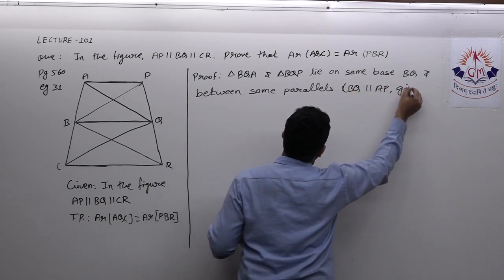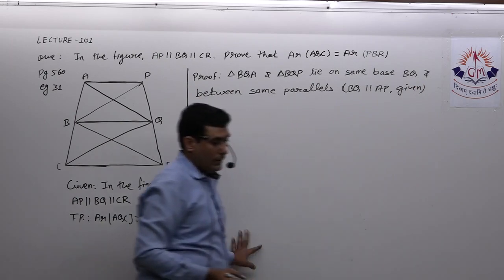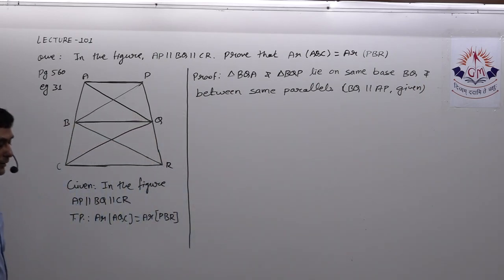Okay, that is given. So definitely the areas of these two triangles will be equal.